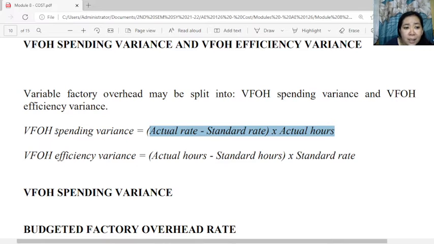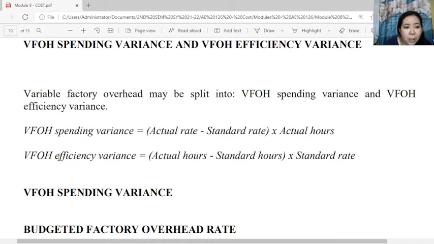Again, we are talking about spending variance here, so it refers to the cost. So that's why the variable that we use in the formula is the rate. So again, this is the difference between your actual rate and the standard rate. And then after that, we will multiply it with the actual hours or other bases to get the cost. Okay, spending, we are talking about the cost here as well.